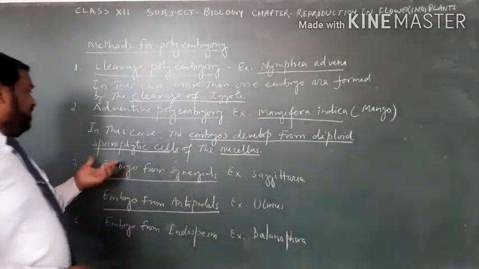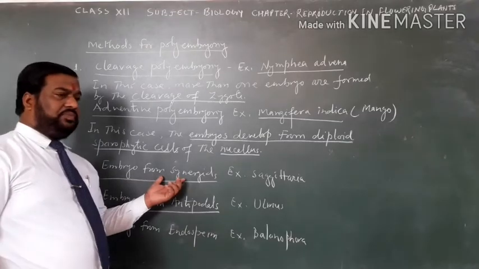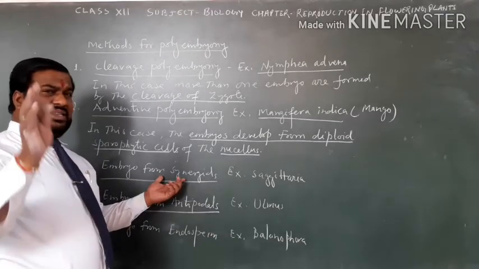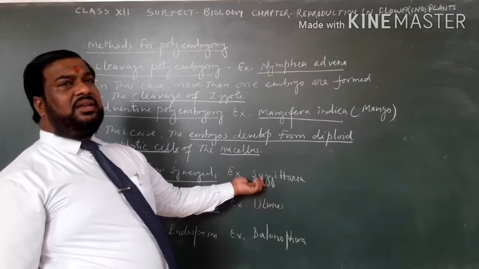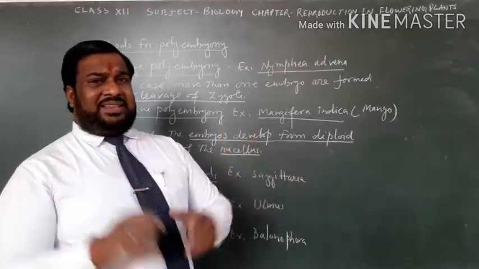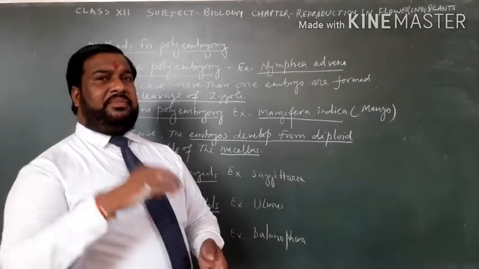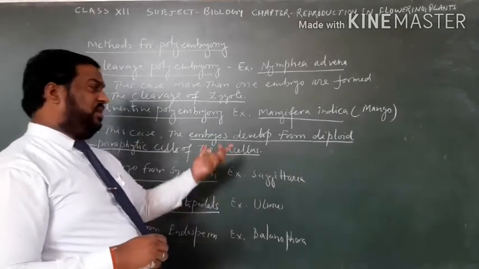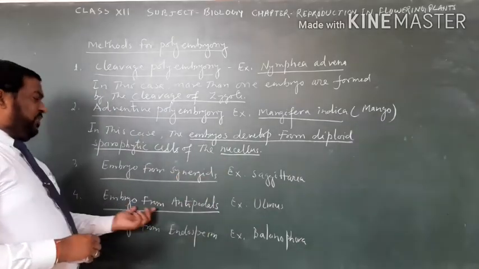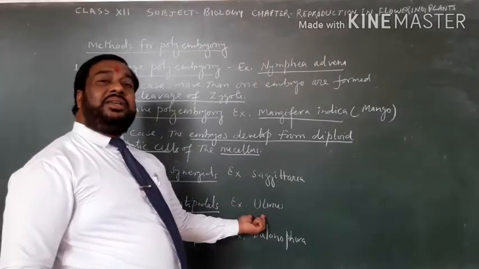Next is embryo from synergids. In certain plants like Sagittaria, synergids fertilized by male gametes form an embryo. Next is embryo from antipodals, like Ulmus.